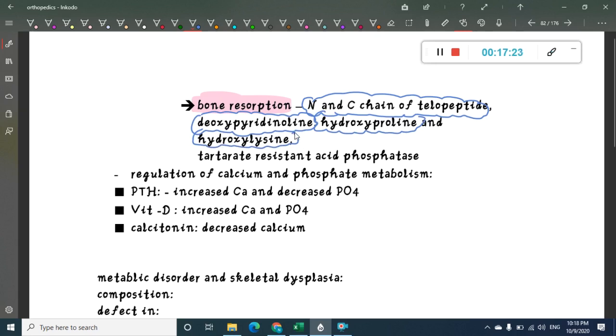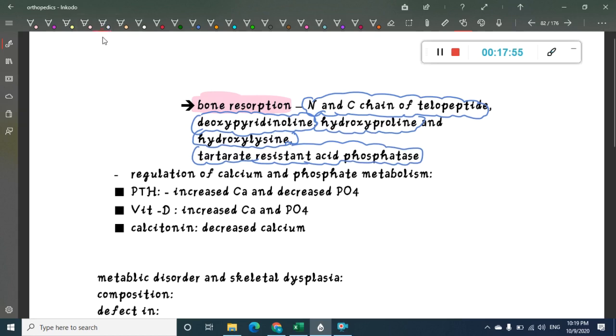The N and C chain of telopeptides, deoxypyridinoline, hydroxyproline, hydroxylysine and tartrate resistant acid phosphatase are the main bone resorption markers.